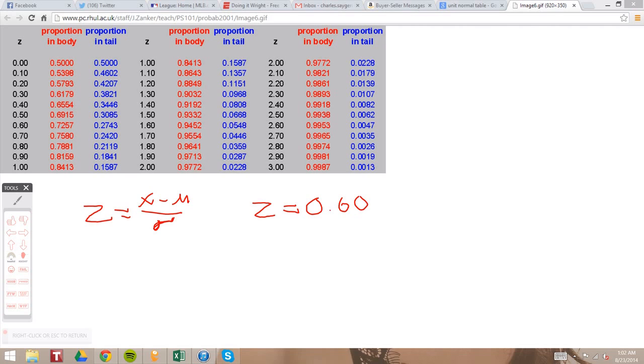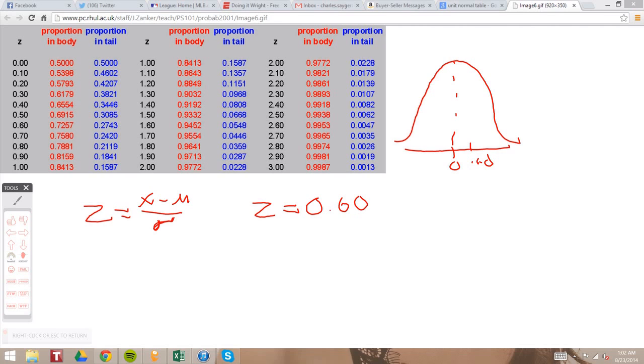The first thing you should always do to keep track of everything, and to make things easier when you come to the unit table, is to plot your normal curve, with your 0 standard deviations right down the middle, and then plot your new z-score that you calculated, 0.60.